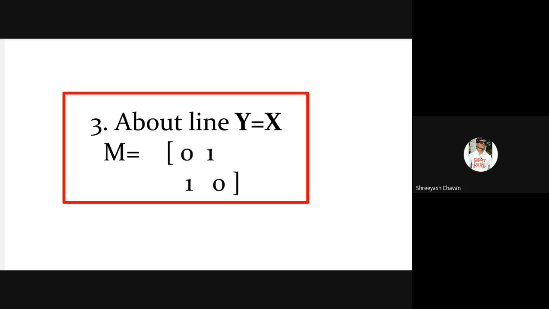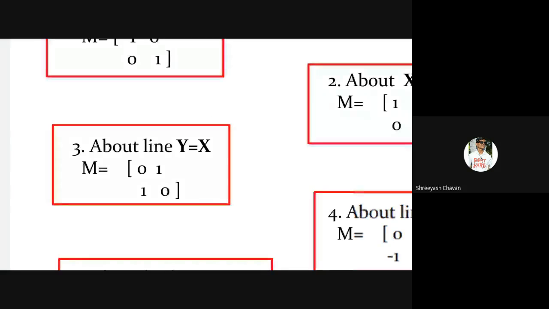So students, don't get confused here. There are 5 problems, but only 3 formulas are very important for the calculation. I have given them in detail in the notes. The first is about the x-axis, then the y-axis, and then y is equal to x, which are very important. So, moving towards the problem.